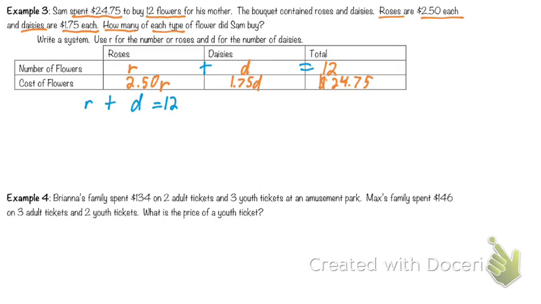Does that make sense to you guys or no? Okay. Does anyone have an idea what my other equation might be? 2.5R plus 1.75D equals 24.75.